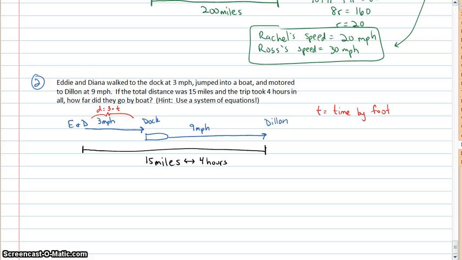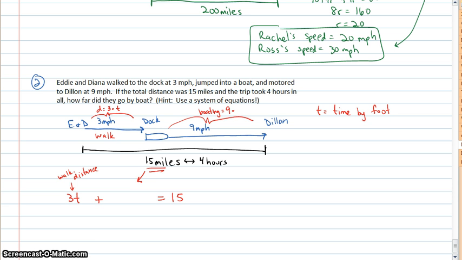If I know the distance of them walking, and I know that the total distance was 15 miles, let's look at that. 3t represents the walking distance. And they had to add that to the boating distance, 9 multiplied by the time.